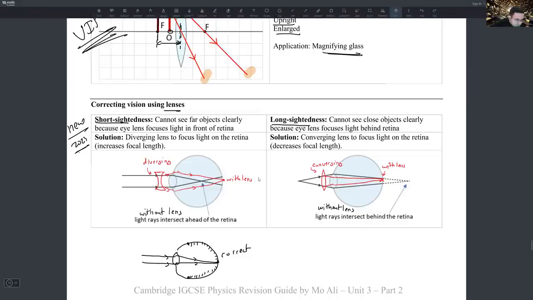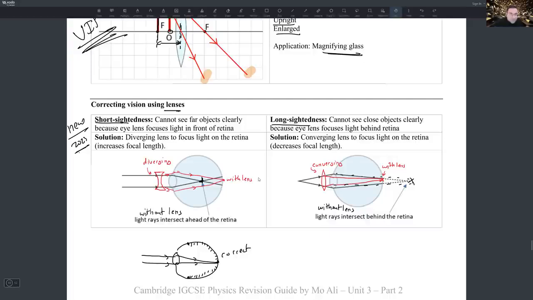What's the problem? The problem with short-sighted people is that their eyes over-focus the light. The light rays focus before the retina, ahead of the retina. So they don't see well. As for long-sighted people like my dad, what happens? Their eyes don't focus the light well. They don't focus on the retina, they focus behind the retina. Both are a problem.